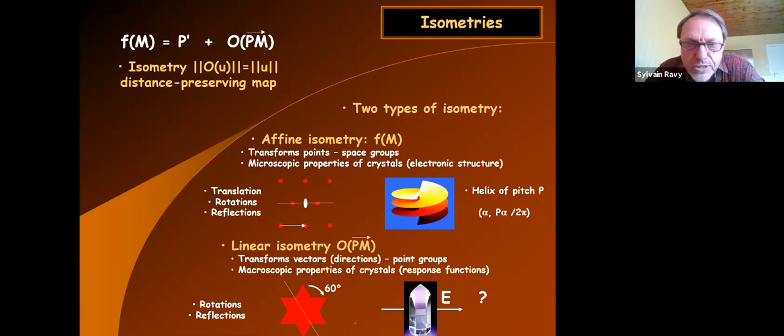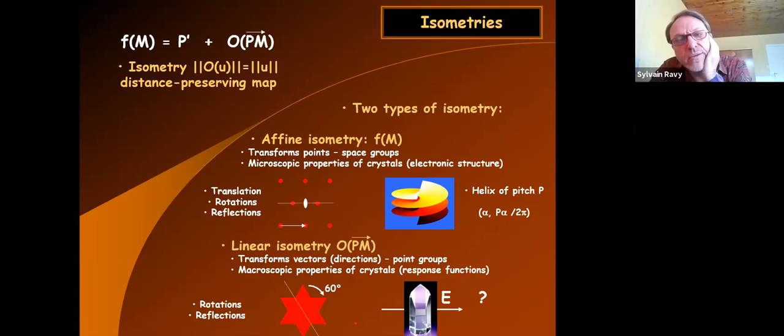They are used to describe the microscopic properties of crystals. For example, if you want to calculate the electronic structure, excitations, vibrations, you need these symmetries. Of course, you have the translations, rotations, reflections, but you also have, as we will see, glide planes, and more complex symmetries like screw axes.